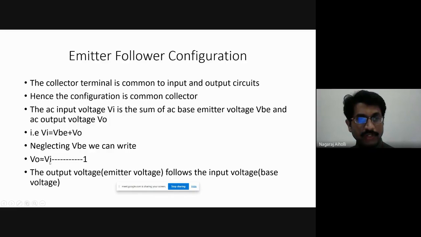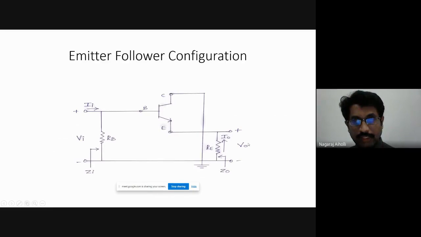Hence, the circuit is called the emitter follower configuration, because the output voltage at the emitter terminal follows the input voltage at the base terminal.